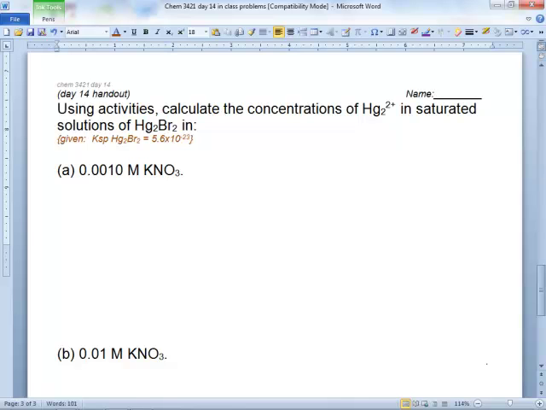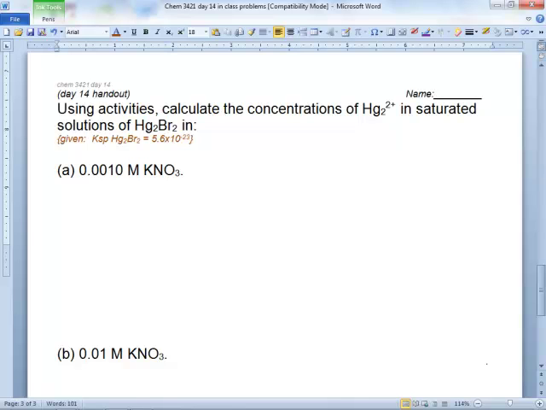The concentrations of these ions, X or 2X in the ICE table, are extremely small because the KSP is 10 to the negative 23.